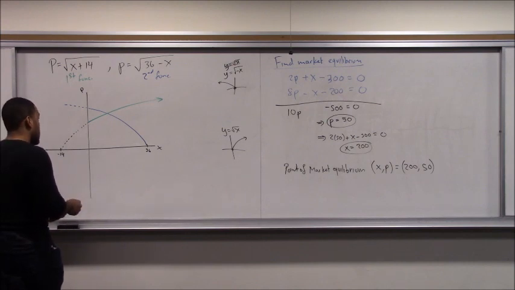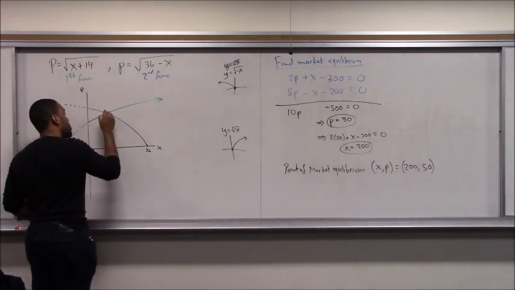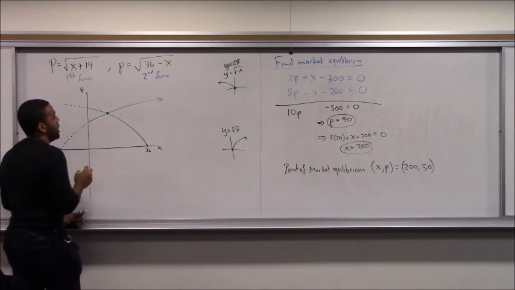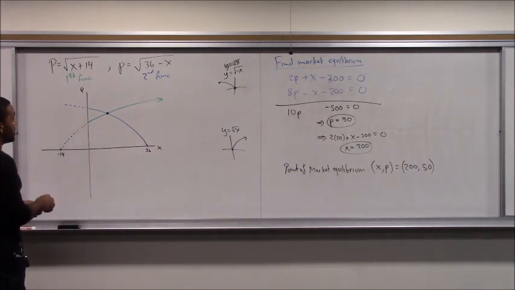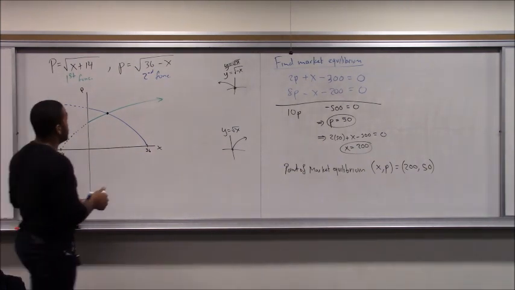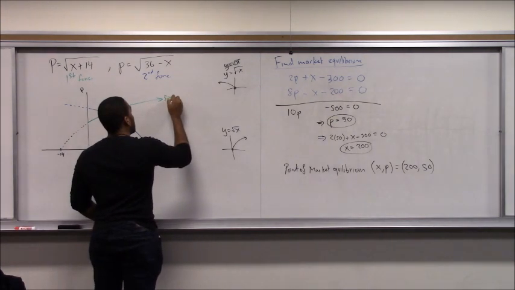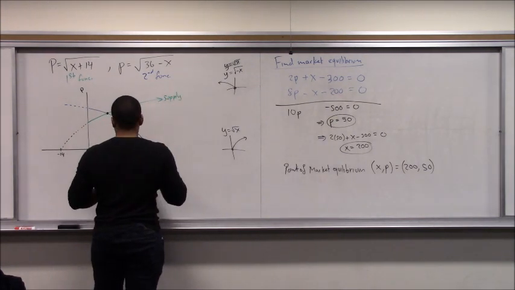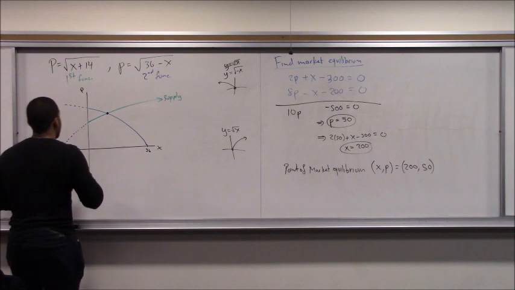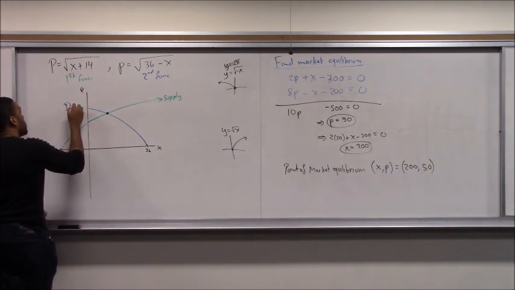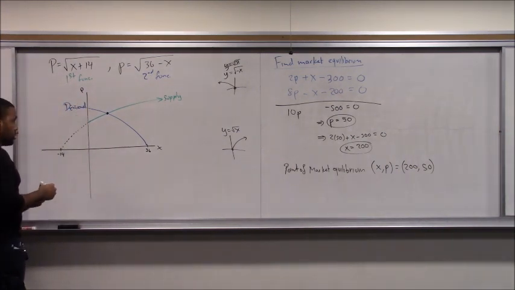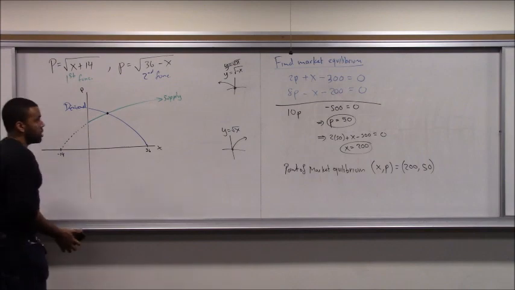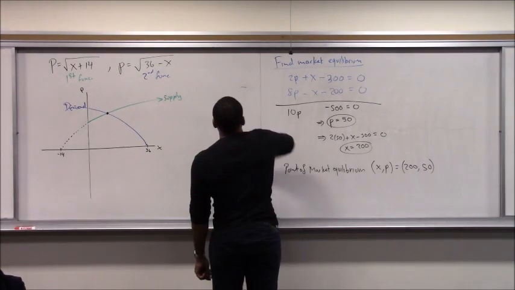And we can identify here's the point of market equilibrium. And we can also identify the fact that the green one is the supply and the blue one is the demand. Okay.